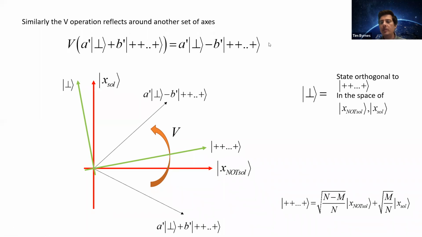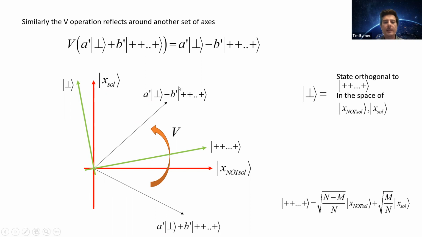You can show this mathematically, but it's a little tedious, because it's around these green axes, and the green axes are not at the same angle as the red axis. I remember when I was writing these slides, I tried to do it mathematically, and it just looked very confusing.